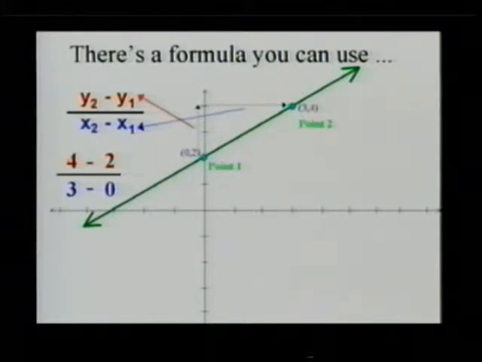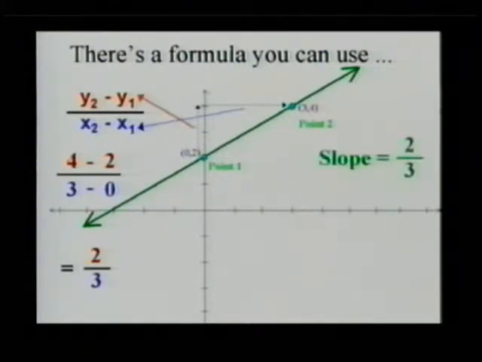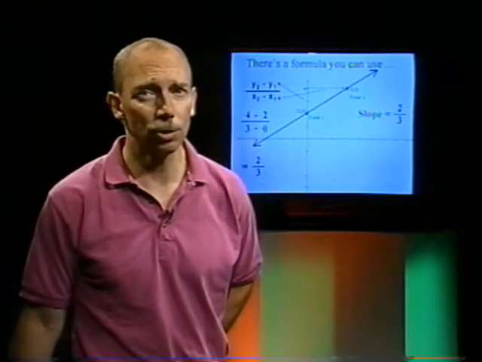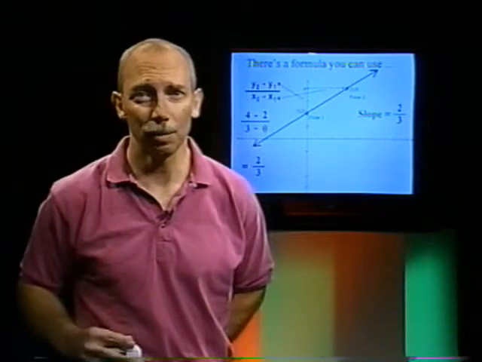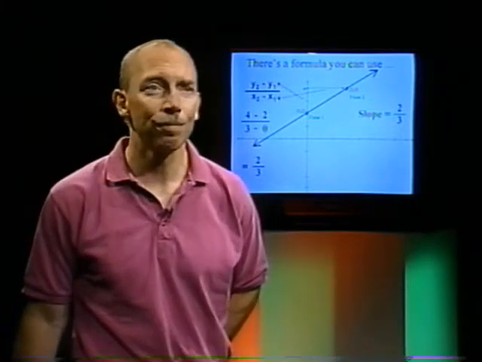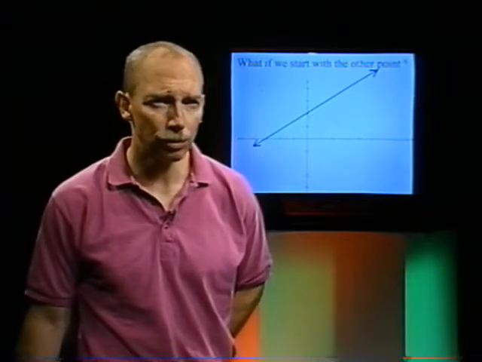So you kind of went 3 minus 0, okay, in your head. 4 minus 2 is the 2 spaces, and 3 minus 0, of course, is 3. So the slope of this, without even looking at the line, you could have done it using this formula and gotten 2/3. This magic formula, y2 minus y1 over x2 minus x1, you're going to have to memorize, okay? Or you're going to have to draw all this, which is a pain. Okay, let's do another one.